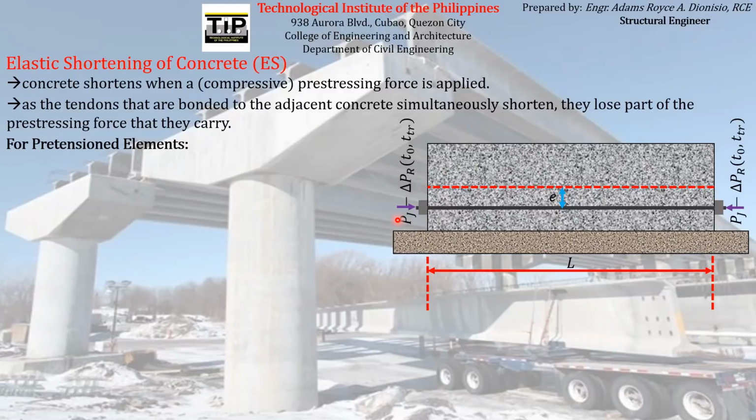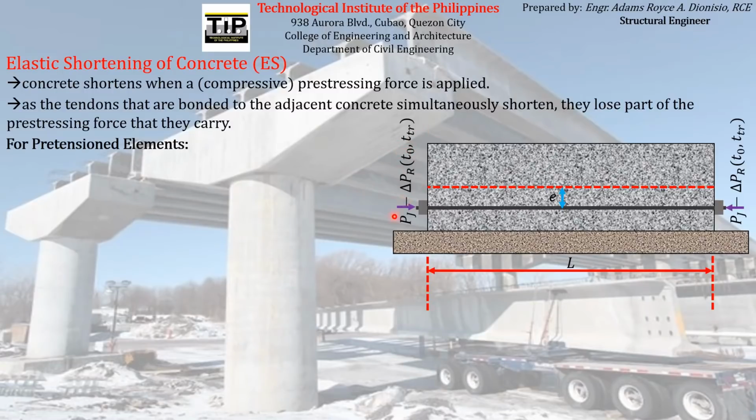That is actually another cause of prestress loss that will be discussed further later. Because of that relaxation, the prestressing reinforcement tends to lose part of the prestressing force that it carries. Usually we designate the loss due to that relaxation as delta P sub R, from the time of jacking to the time of transfer.